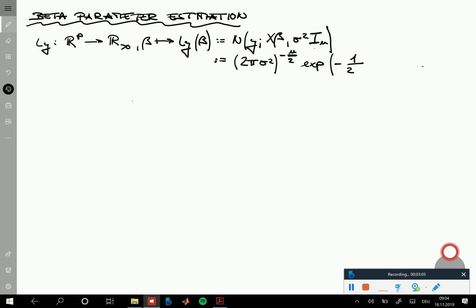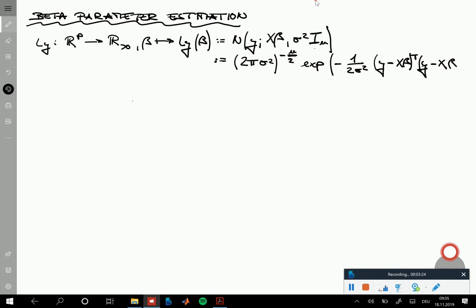And also here the inverse of the covariance matrix is accounted for by this 1 over sigma square parameter, and here you have the y minus x beta transposed, y minus x beta.